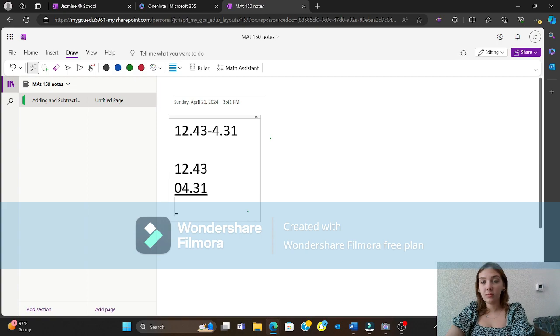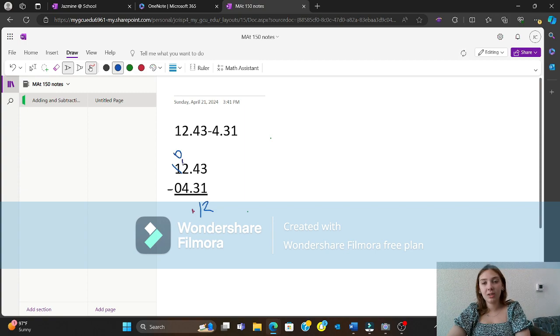So next, what we're gonna do is subtract. And we're gonna do it the same way as the last one. 3 minus 1 is 2. 4 minus 3 is 1. Then we're gonna bring down our decimal and solve the left side now. And 4 cannot go into 2, so we're gonna take away this 1, and that becomes a 0.